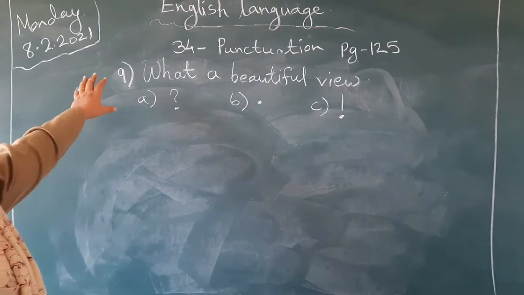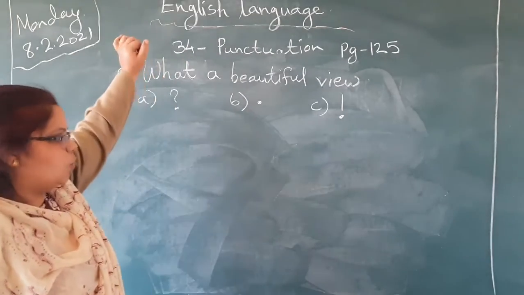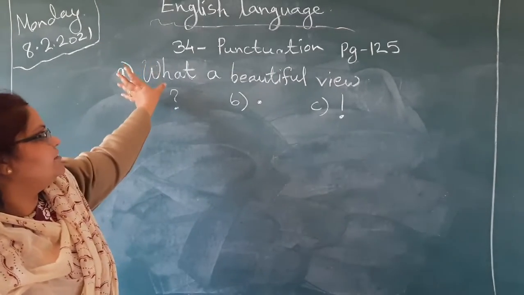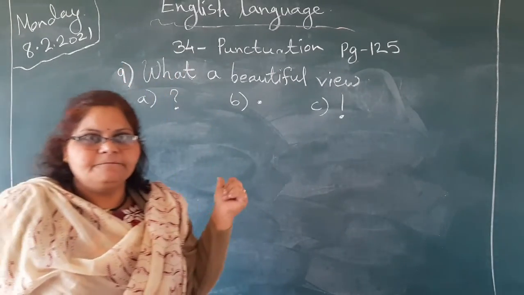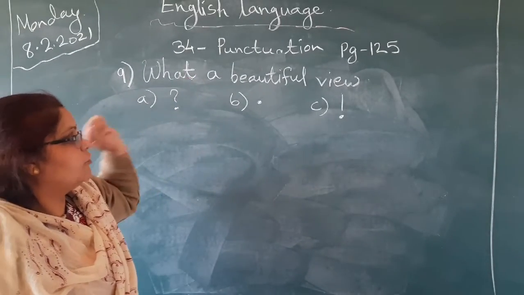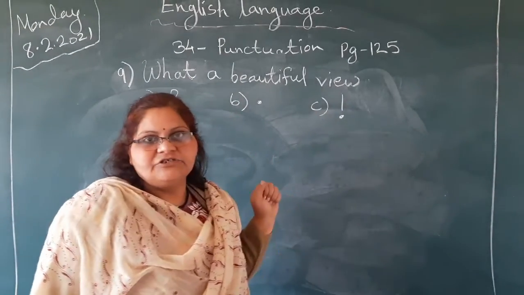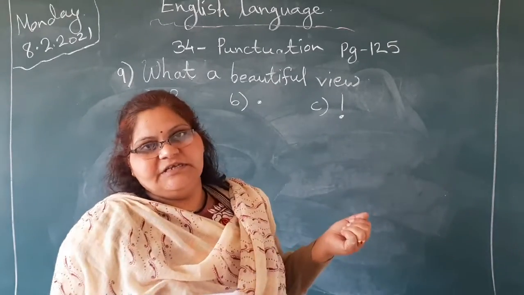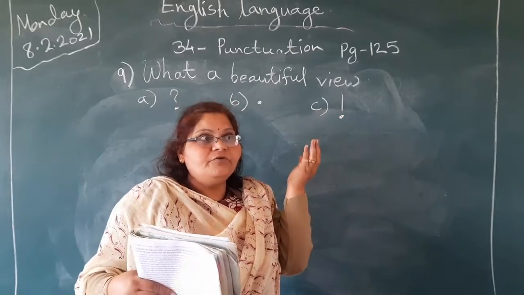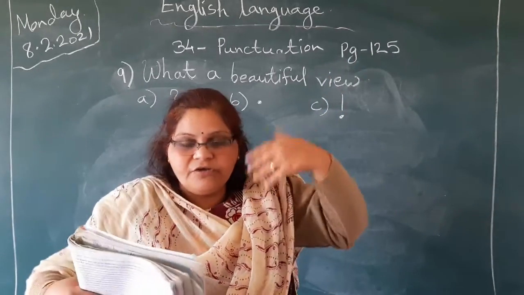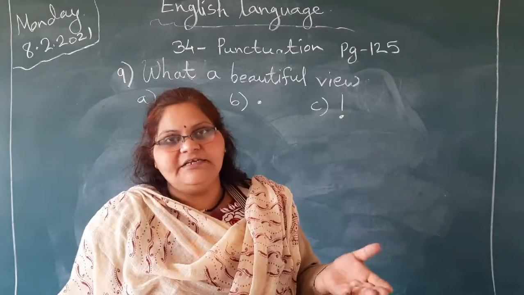So this sentence is a little bit confusing. How? What a beautiful view. Actually, what is used when we ask some question. Okay, but in this sentence, I am going to tell you the answer is exclamatory. How it is? So here an expression is there. What a beautiful view. What you are saying? कितना अच्छा नज़ारा है. So what you are feeling? You are expressing your feelings.